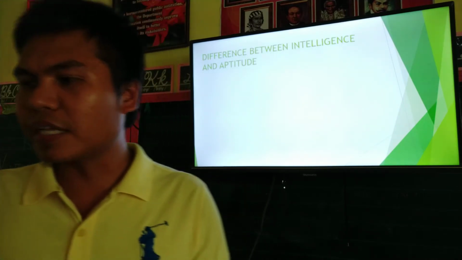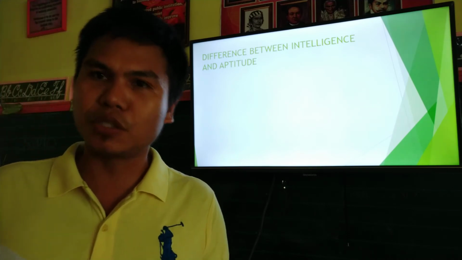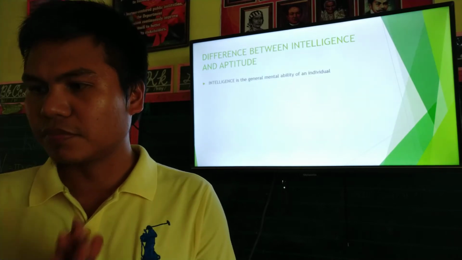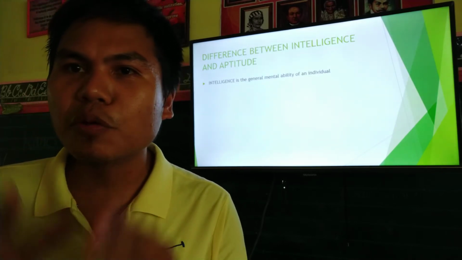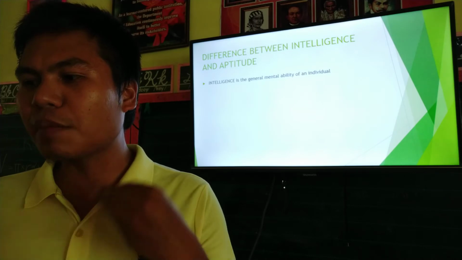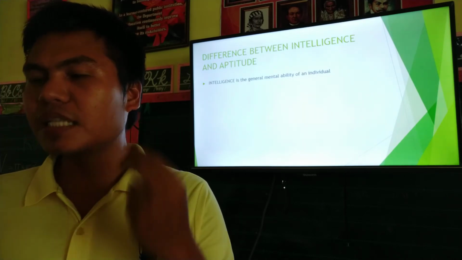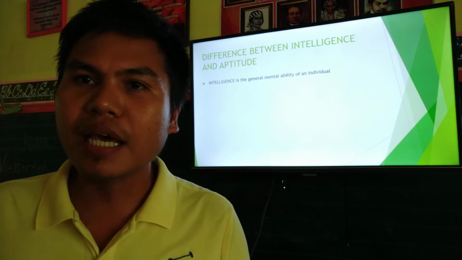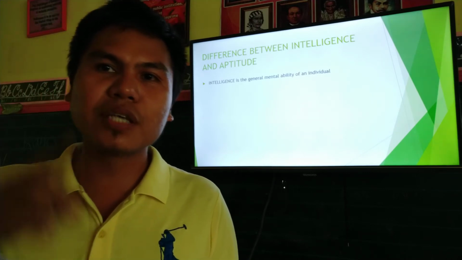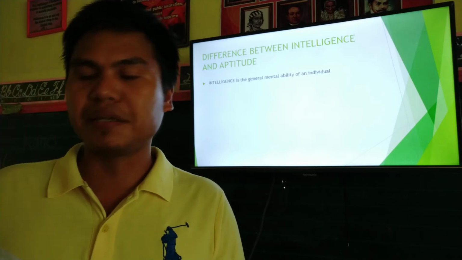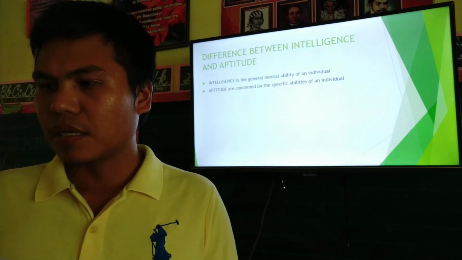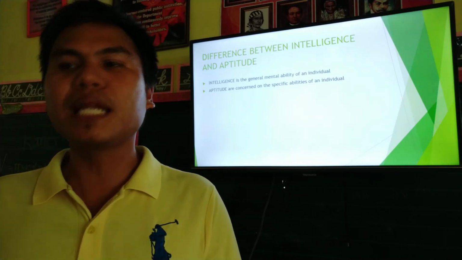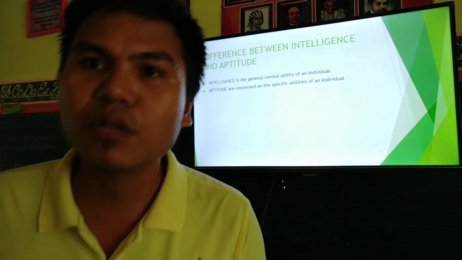Now, what is the difference between intelligence and aptitude? So first, intelligence. What do you mean by intelligence? The operational meaning of intelligence tells us that it is the general mental ability of the individual. Meaning to say, in the mind. While aptitude is concerned with the specific abilities of an individual.